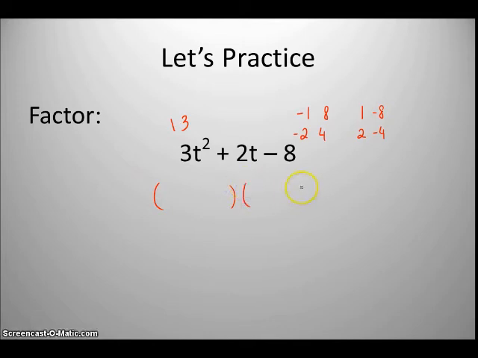My two sets of parentheses down. And let's give this a try. So I have 3t and 1t. And I'm just going to choose a pair of these to try. I don't know what the correct factorization is. Let's just try it out. I'm going to try negative 2 and positive 4.